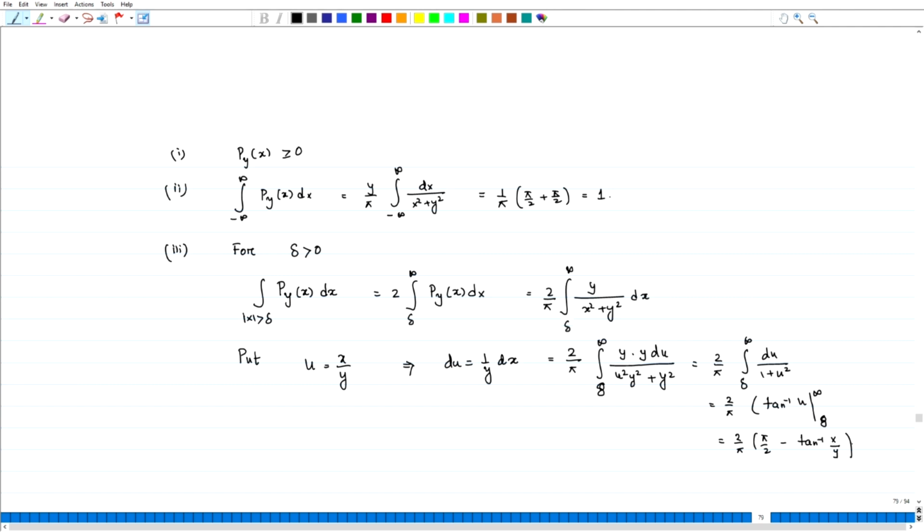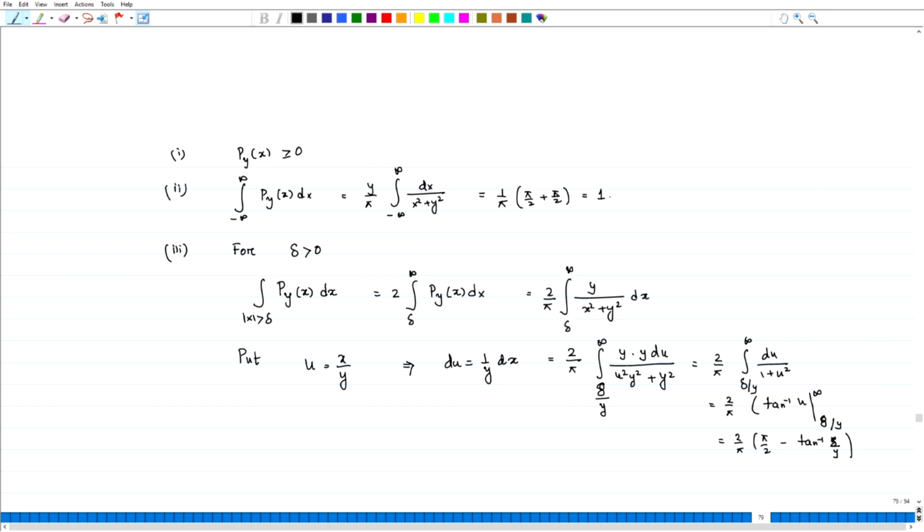Oh sorry, if I am making a change of variable, then this is delta by y.